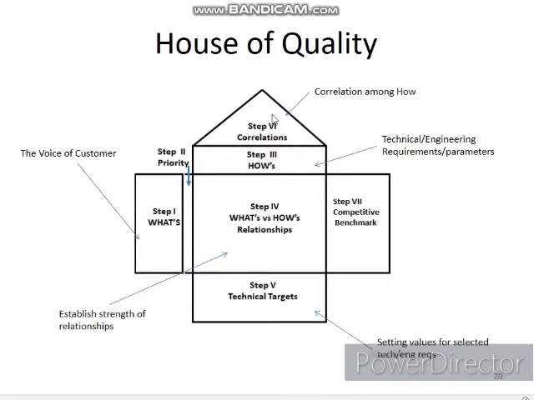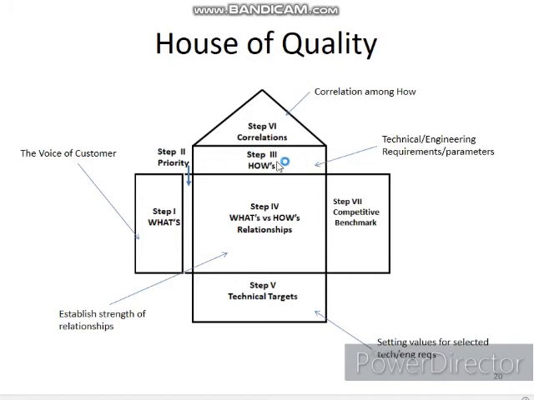Those correlations can be used to adjust the technical target specs such that you can balance the effect of the negative correlations between some of these parameters.